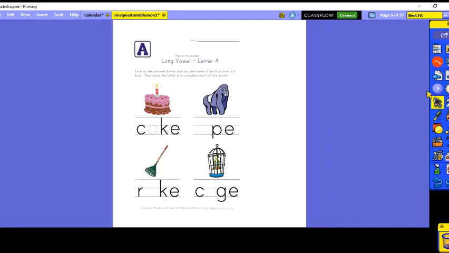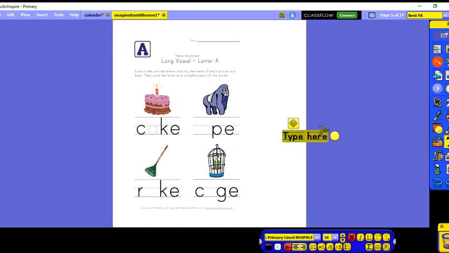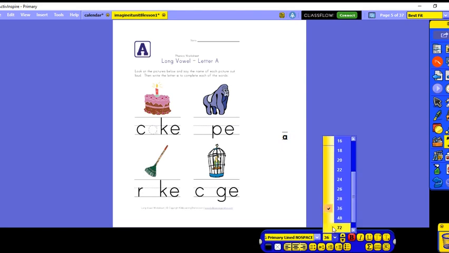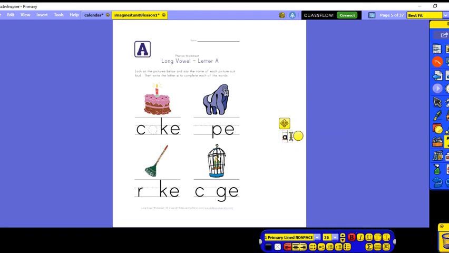Now let's look at some of our long vowel words. If you were at school, I would get you to write this on the board, but we're just going to type it now so that you can see it.